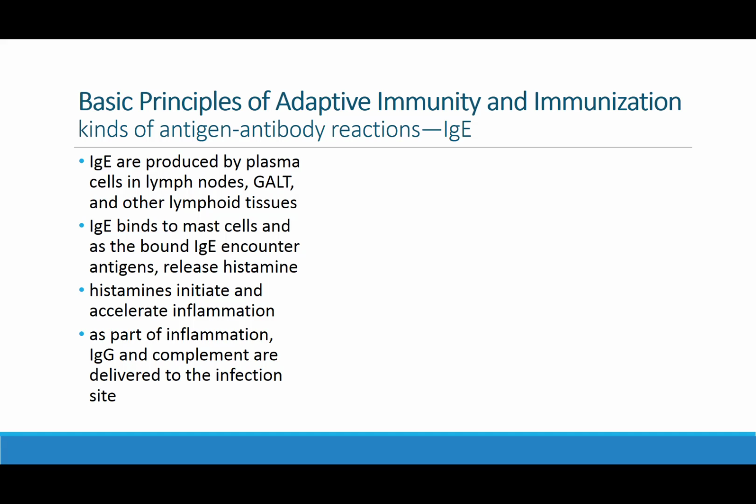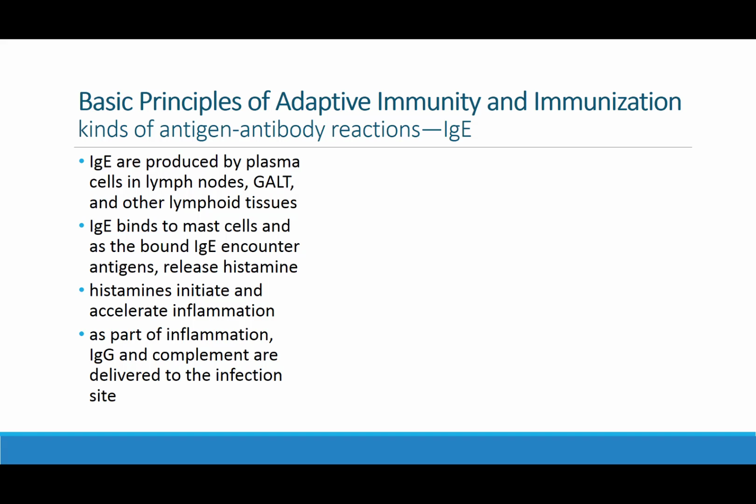IgE antibodies are produced by the plasma cells found in lymph nodes, in the gut-associated lymphoid tissues, and in other lymphoid tissues in the body. They bind to mast cells, and as that bound IgE encounters antigens, the mast cells release histamines.